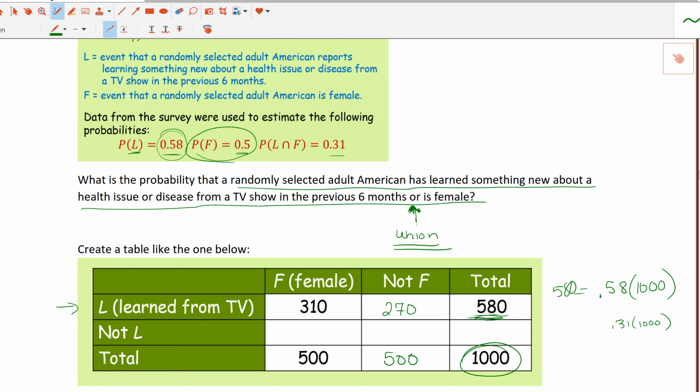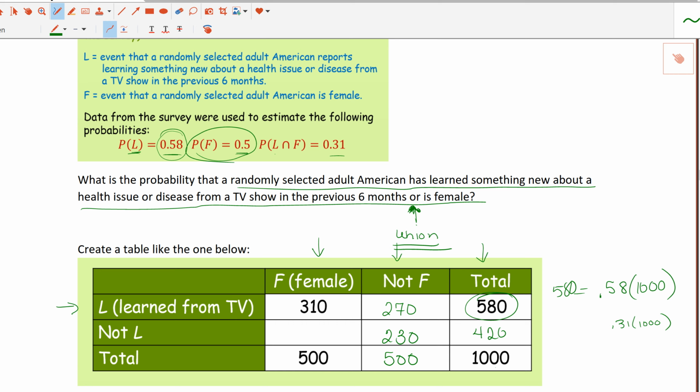Okay, then we can fill in our middle numbers by looking at the columns. 580 plus 420 add up to 1,000. If we know that there were 500 people who are not female and we've accounted for 270 of them here, then this must be 230.